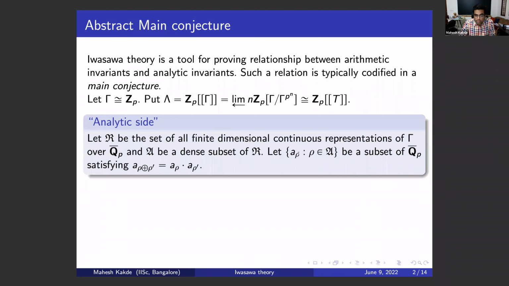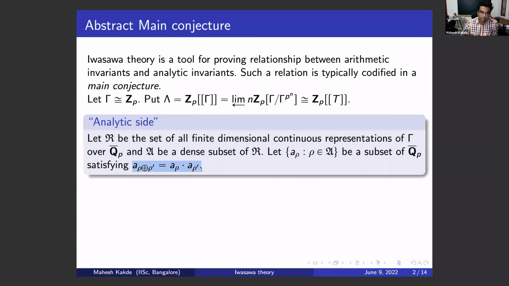All right, so for each rho in A, you have some p-adic number A_rho, and this satisfies some properties. If you take the one attached to rho plus rho prime, you get the product of A_rho and A_rho prime. These A_rho will be L-values, and L-values satisfy this kind of product by Artin formalism.